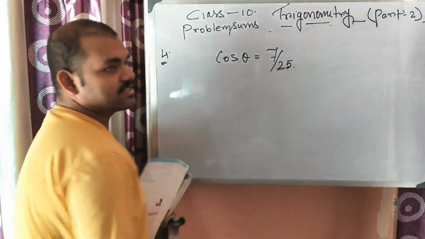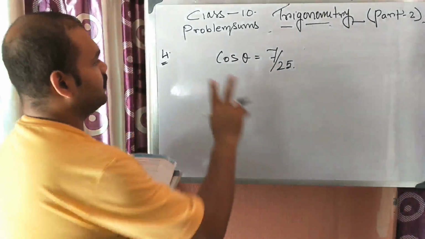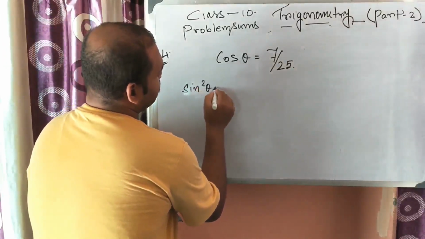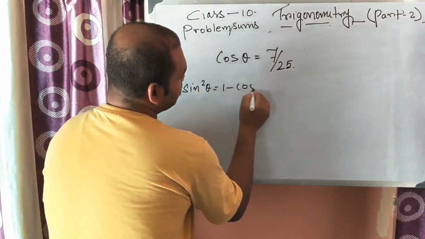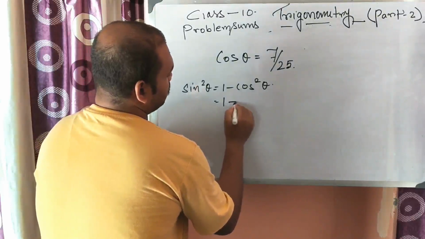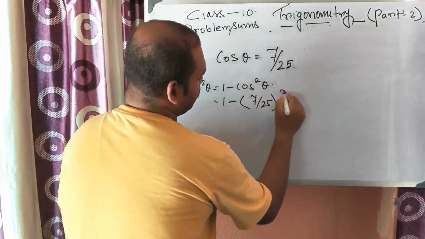We can do this sum in various ways. So I am showing you just two ways. So first way is very easy. That is sin square theta is equals to 1 minus cos square theta from that identity. So we can write down 1 minus, instead of cos square theta, 7 by 25 whole square.